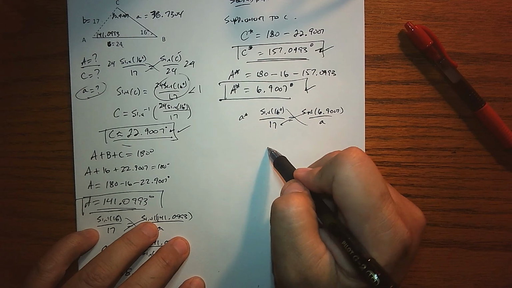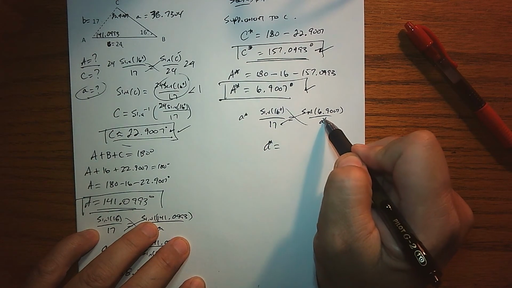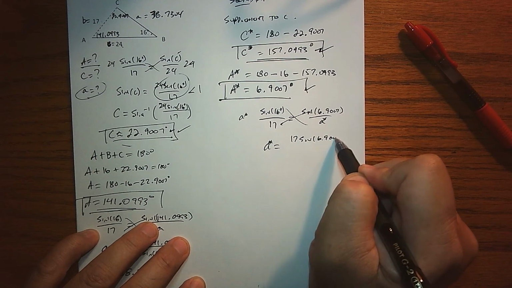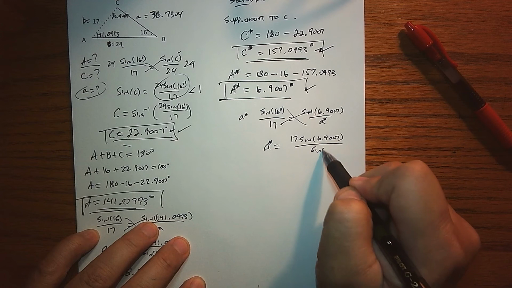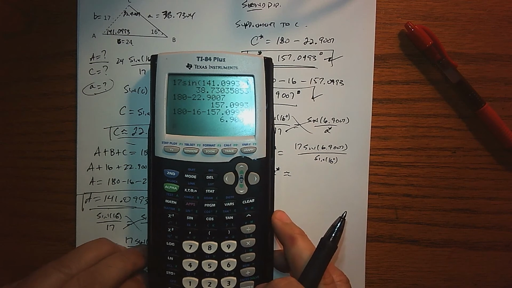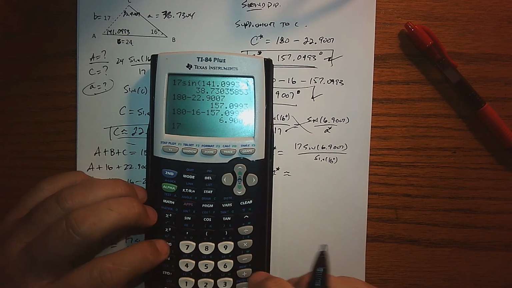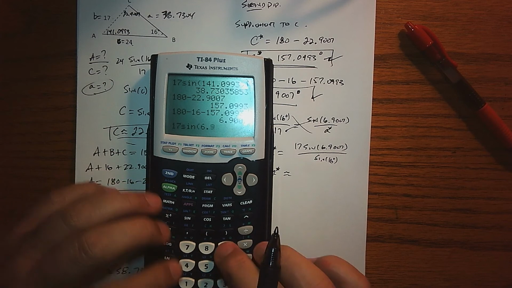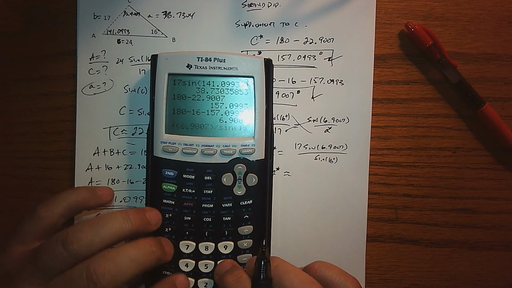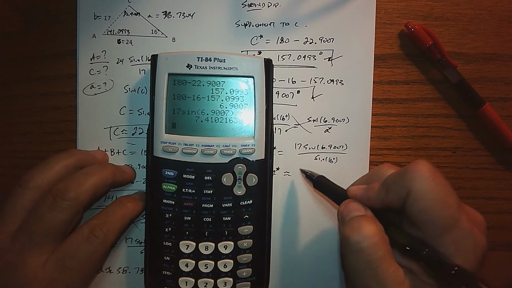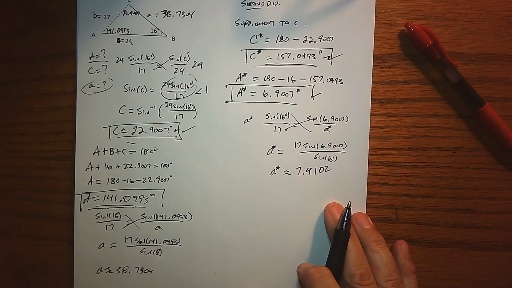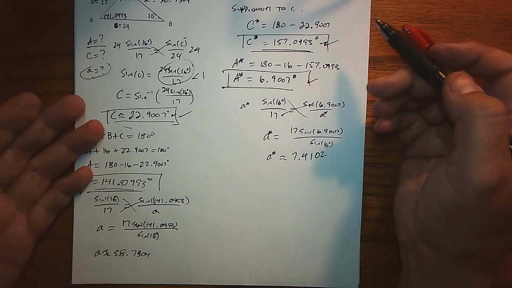Cross multiplying and dividing, we find that this a asterisk would be 17 sine of 6.907 divided by the sine of 16. And so what we're getting here is 7.4102.